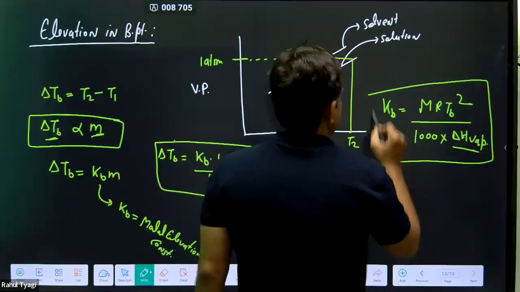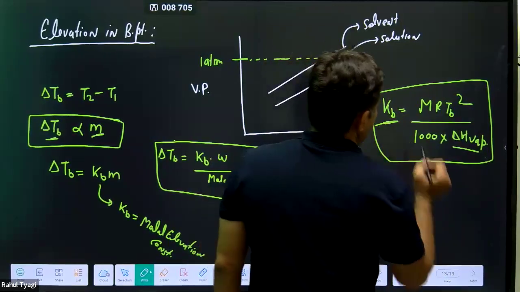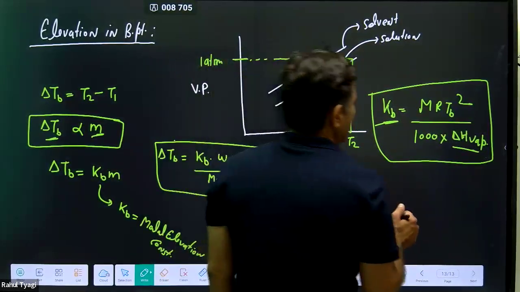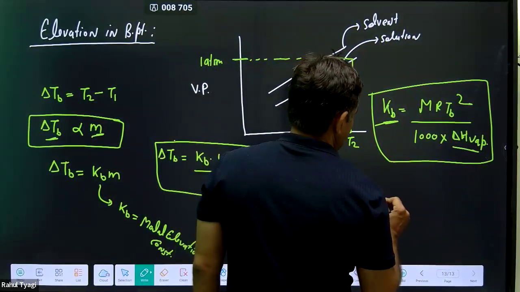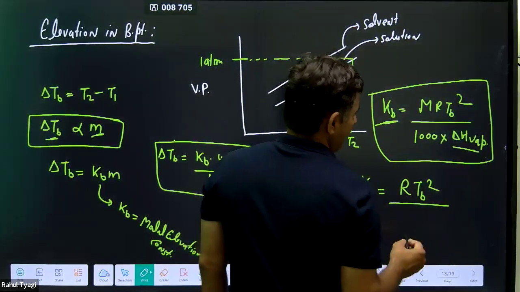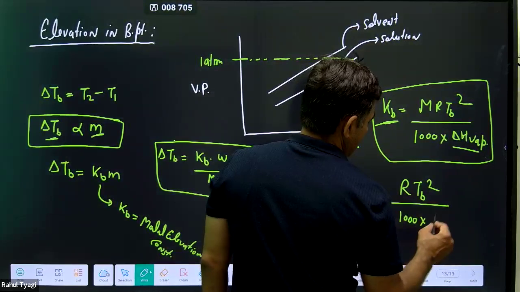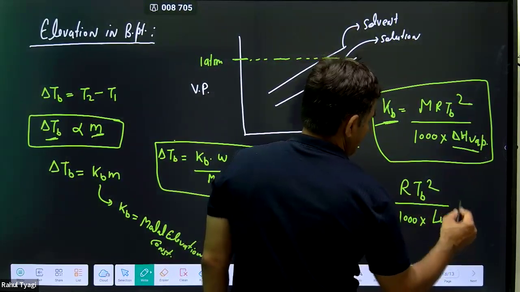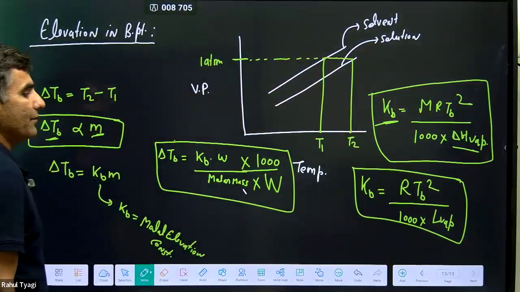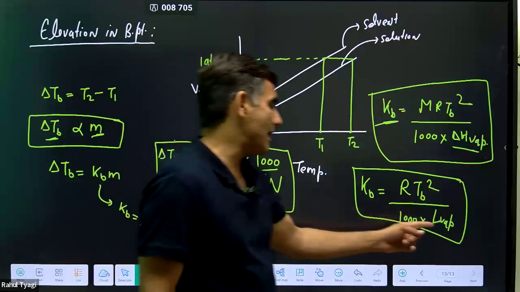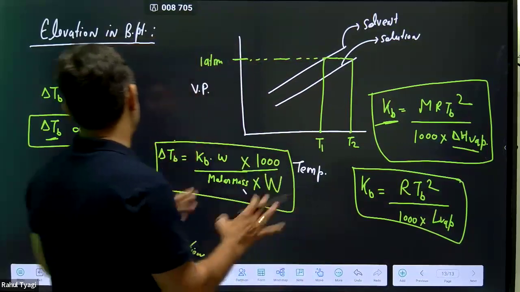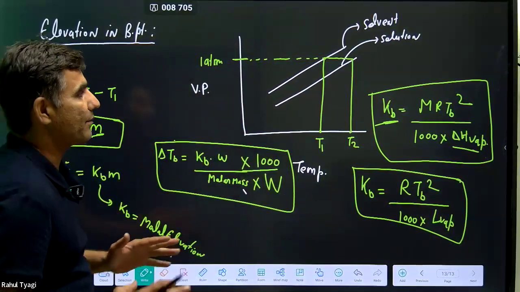Sometimes in JEE Advanced, first you have to calculate the Kb value from the given data. Suppose this one is not given, then Kb can also be written as R TB square divided by 1000 into latent heat of vaporization. So we can also find the value of Kb with the help of latent heat of vaporization. So this is overall about the elevation in boiling point.